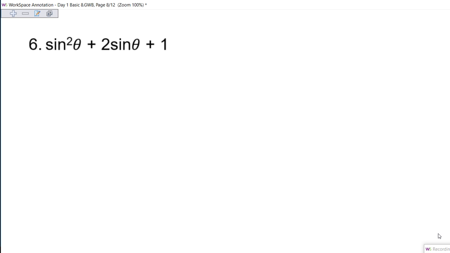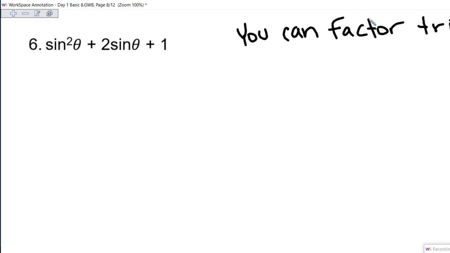Okay, next one, number 6. Now, number 6, this problem is just kind of misplaced, and really we don't have a way to solve this, but there's one thing we do need to point out with number 6, that you can factor trig.